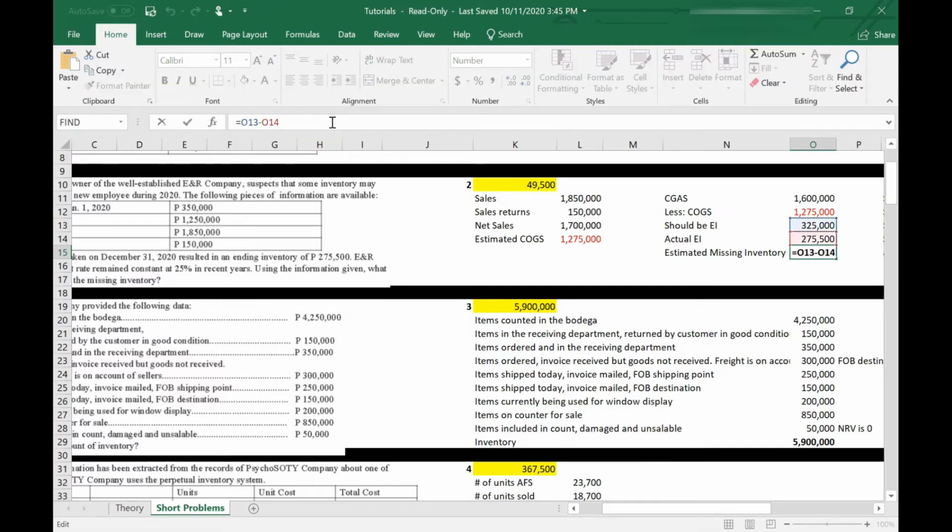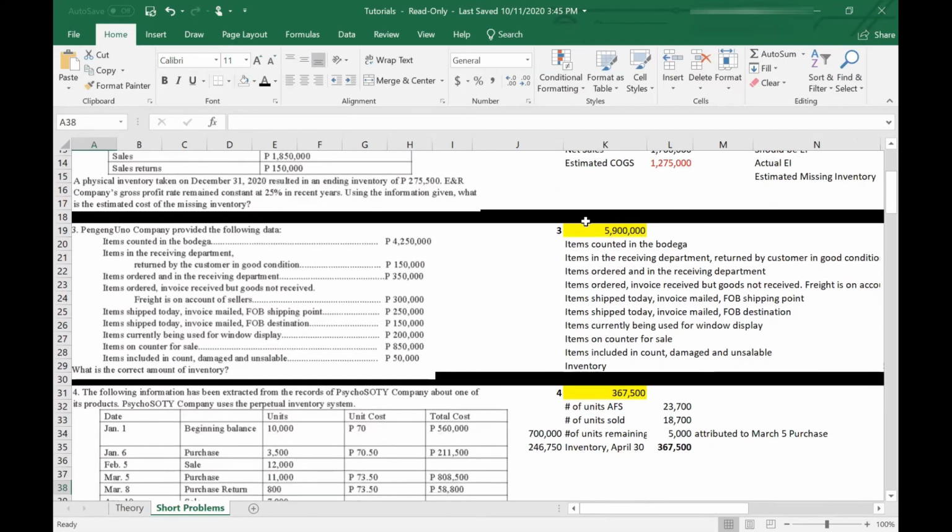Again, this is just an estimated account because for this problem, we're using the GP method or the retail inventory method in order to determine the estimated ending inventory. So the answer for this problem is 49,500 pesos.